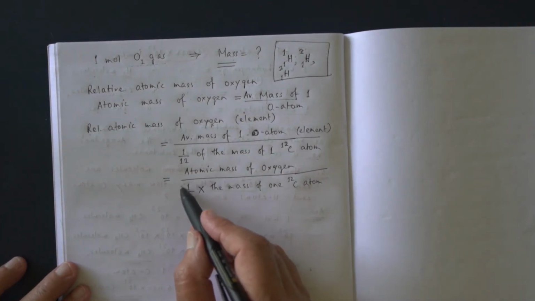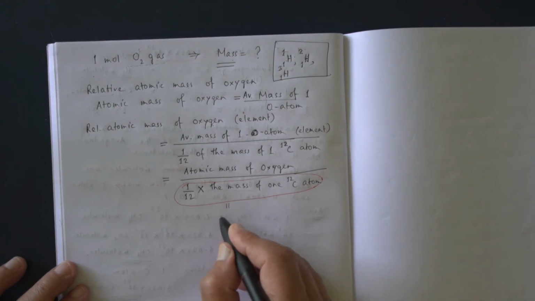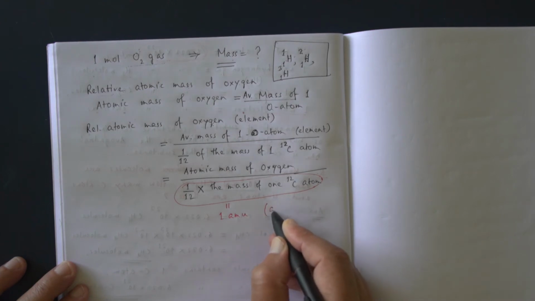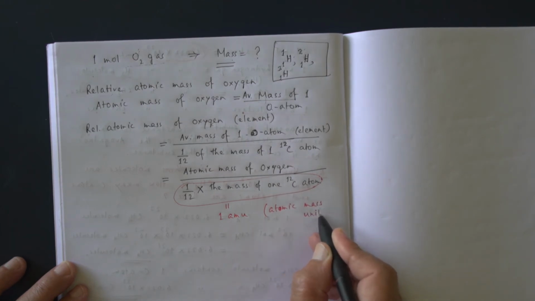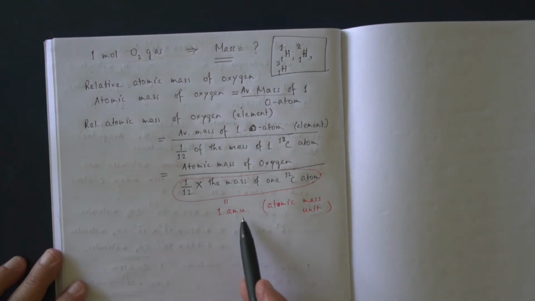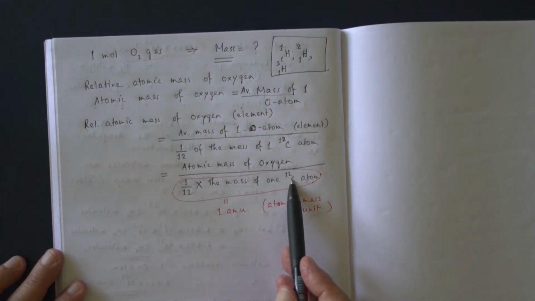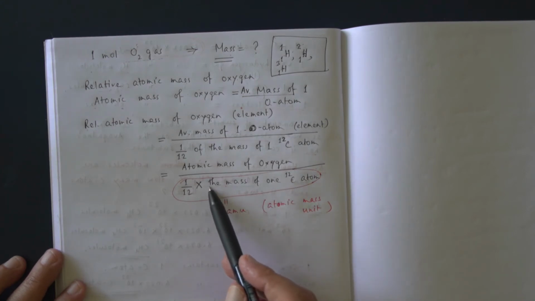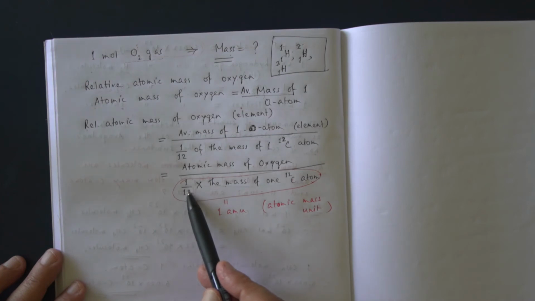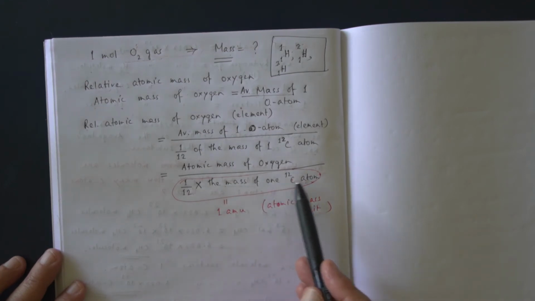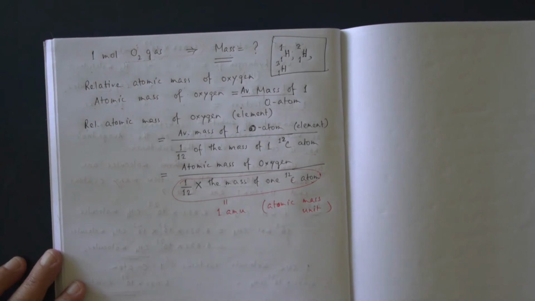Now this thing is called 1 AMU, atomic mass unit. What is 1 AMU? It means we measure the mass of one carbon atom, say it is x gram, then 1/12 of the mass of one carbon atom is 1 AMU. Okay, 1 AMU.